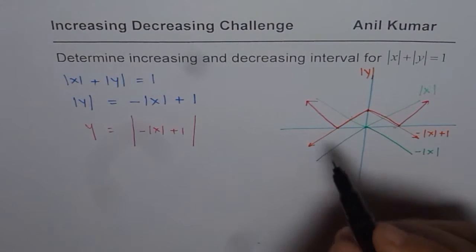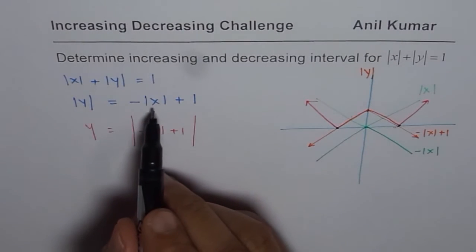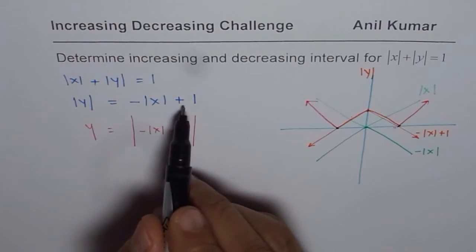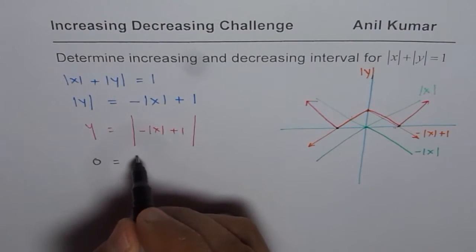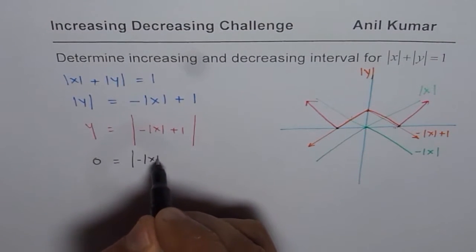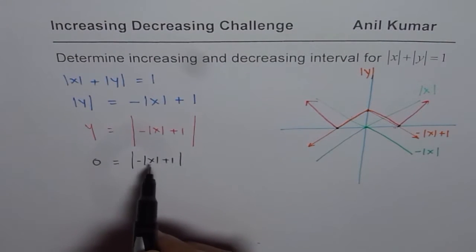Now, what are these points? You can always substitute x value as plus and minus 1 or calculate it. So you want this to be 0. That means -|x| + 1 = 0. So what you find here is the value could be 0 only when the absolute value of x is 1.